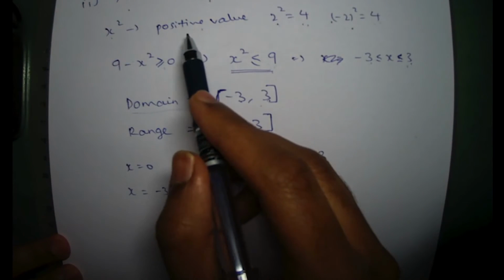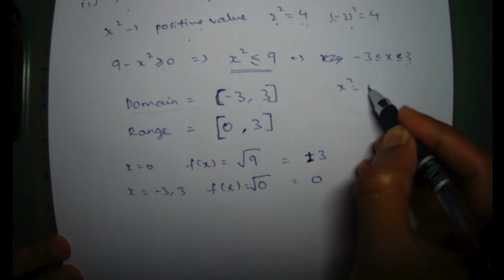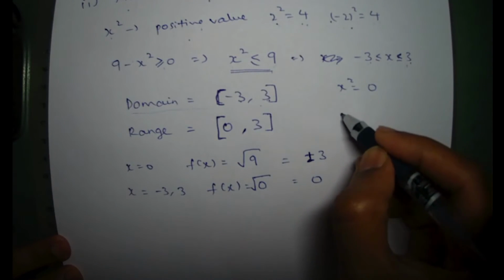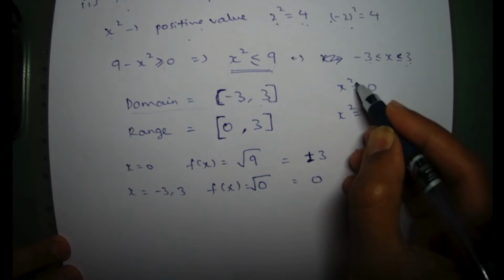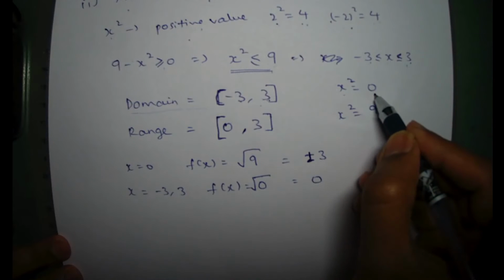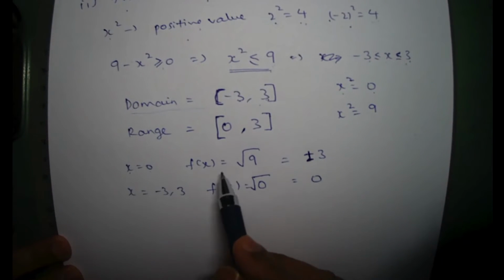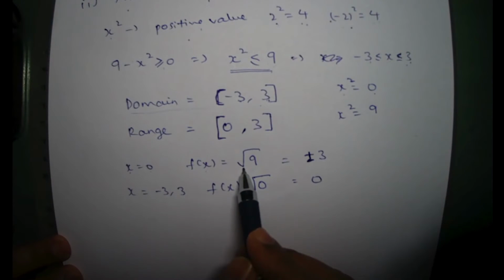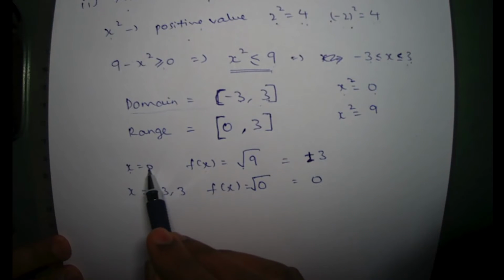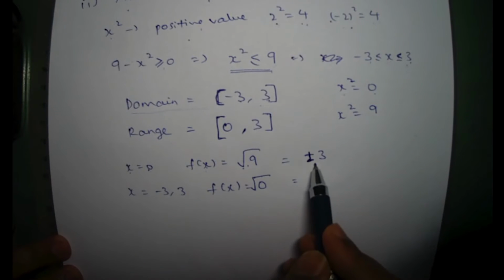So since you know x square is a positive value, the lowest value x square can take will be equal to 0 and the highest value x square can take will be equal to 9. So these are the two extreme values. If x square is equal to 0, then x is equal to 0, and f of x will be root of 9, which is plus 3.